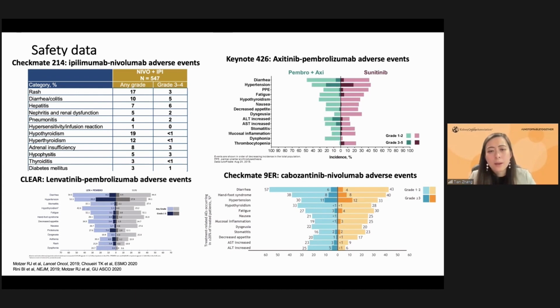And then also things like mucosal inflammation, stomatitis, mouth ulcers, these tend to be more ascribed to the small molecule inhibitors. But there are also overlapping toxicities, like the diarrhea can be caused from either one.